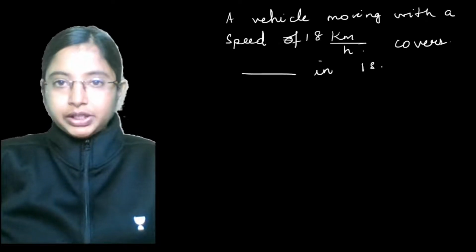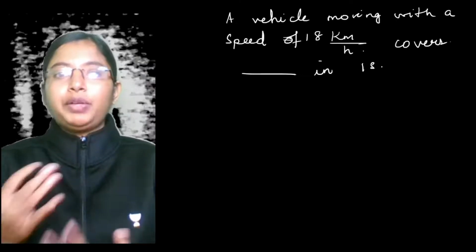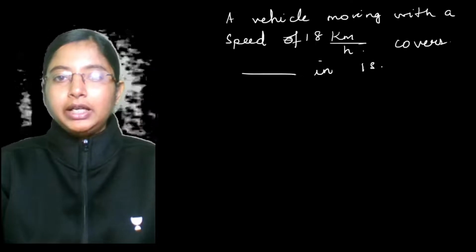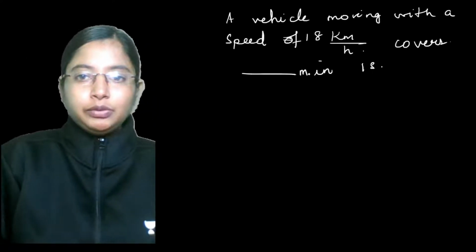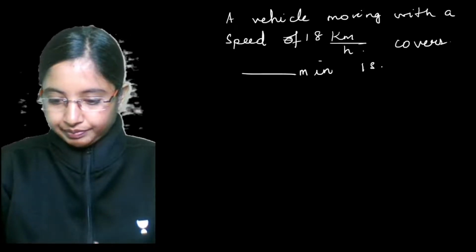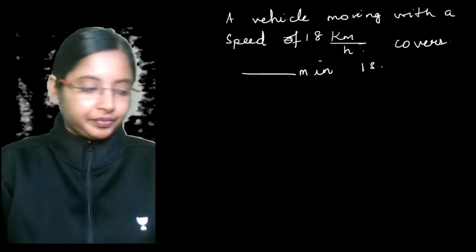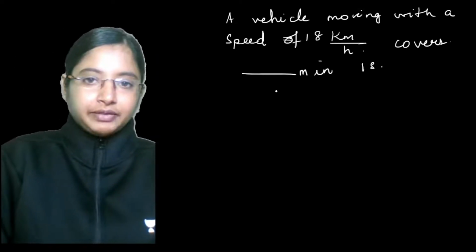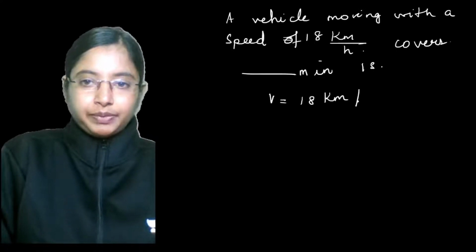What is the quantity we need to find here? According to the question, a vehicle moving with the speed of 18 kilometers per hour covers dash meters in 1 second. What should we actually find here? Speed of the vehicle is given. It is 18 kilometers per hour.